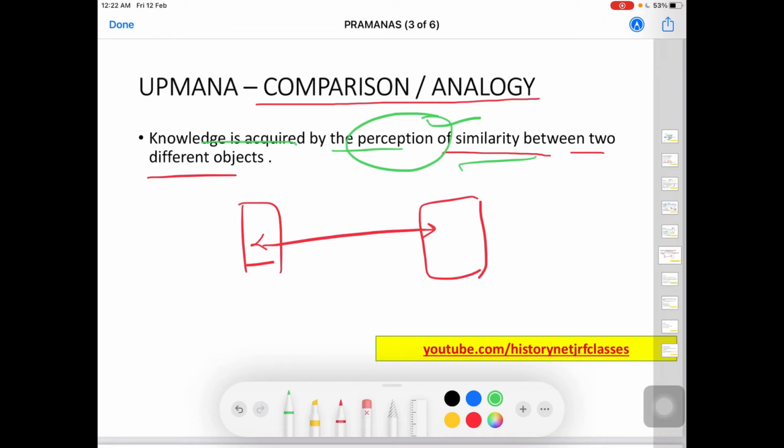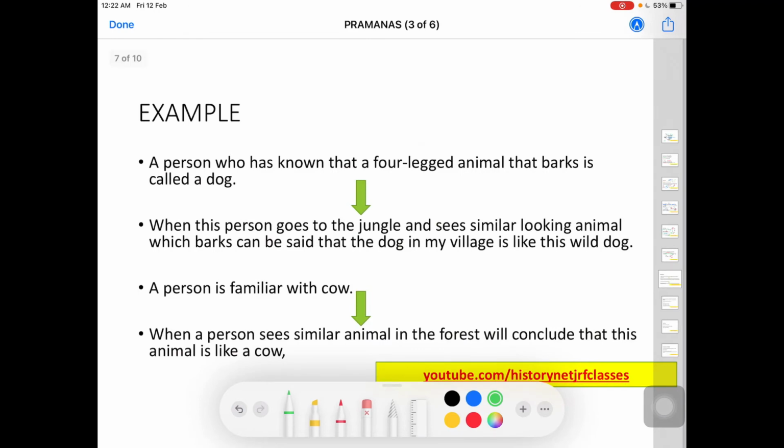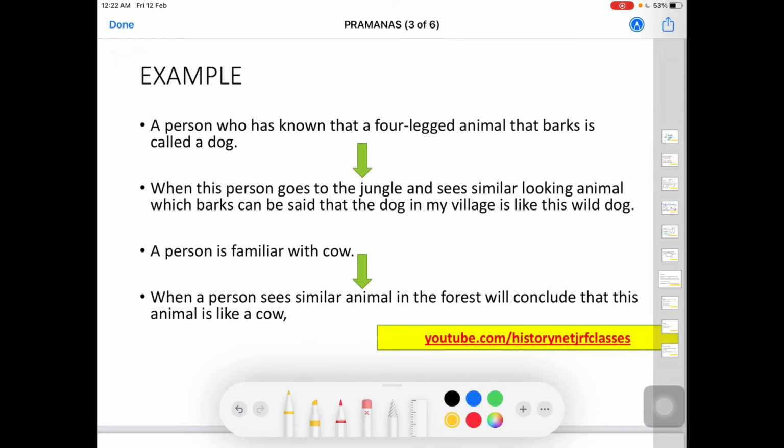So we will understand it with the help of an example. A person has known that a four-legged animal that barks is called a dog. So it is known that if there is any four-legged animal which barks, then that is going to be a dog. The same person goes to the jungle and sees a similar animal which barks, and can say that the dog in my village is like this wild dog.